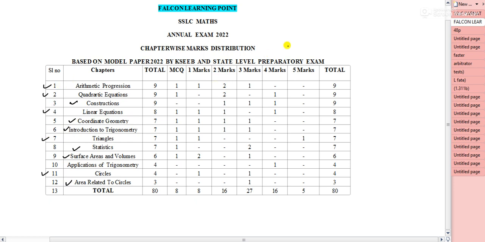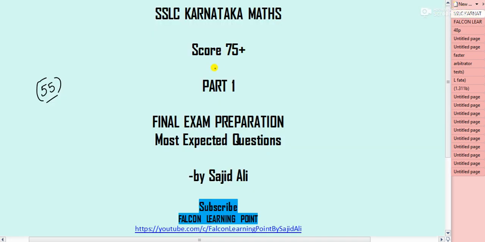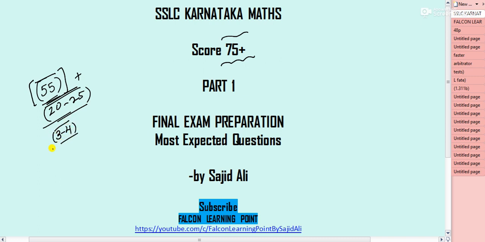And in this particular PDF, I have mainly taken the questions by which you can easily get 55. So they don't get confused with the 75, because the rest 20 to 25 marks of questions, from the 3 to 4 mark section, I will be uploading separately.